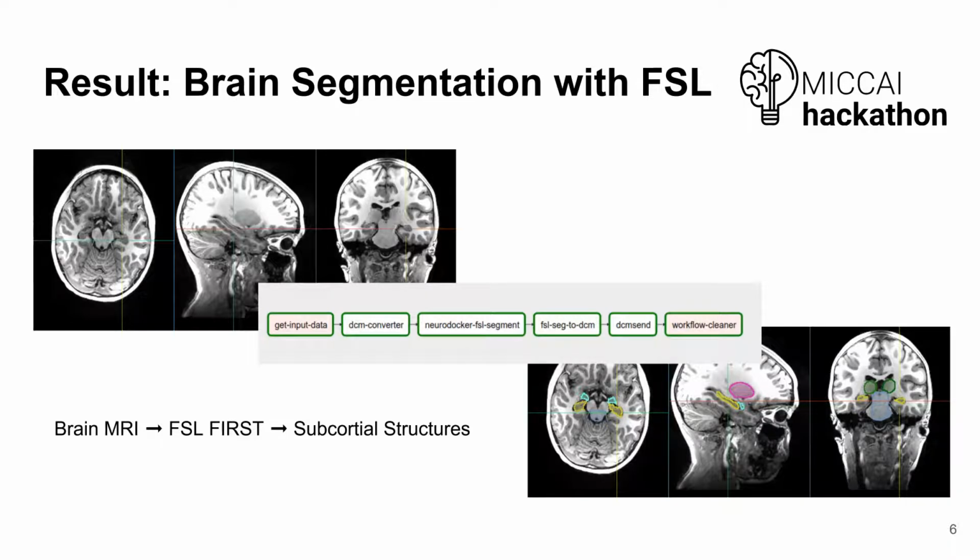So basically you had to write a mapping that defines which label in this label map produced by FSL corresponds to which name, and then convert with this information, convert the segmentation map to a DICOM. And then once you have this DICOM, you can again upload it to the Kaapana DICOM server, and then you can overlay the segmentations obtained by FSL, as you can see on the image on the right. And then you can switch them on or off as you would expect from a viewer.